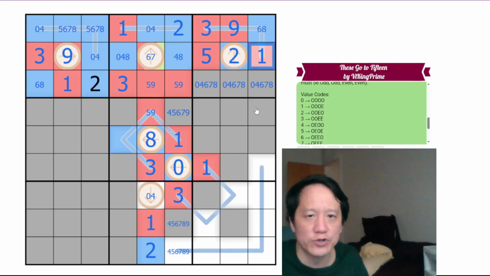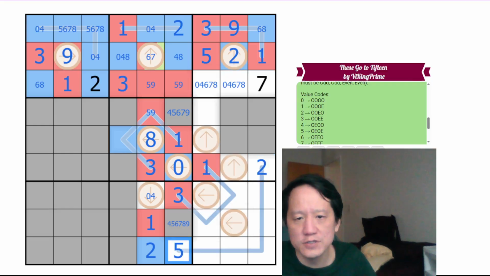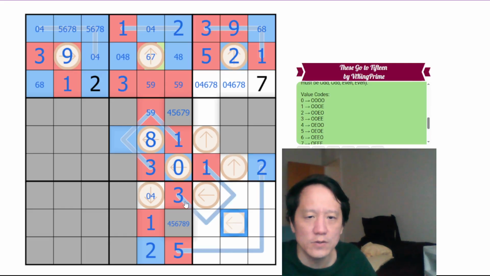Because Schrodinger here would have to be, I don't know, 0 and 2, which we can't have a 0 in the row. This would be 0 and 5, or 1 and 4, or 2 and 3, but we can't have 0, 1, 2, 3 here. So this is 5, that's 2. So this is odd, this is even. This is odd.